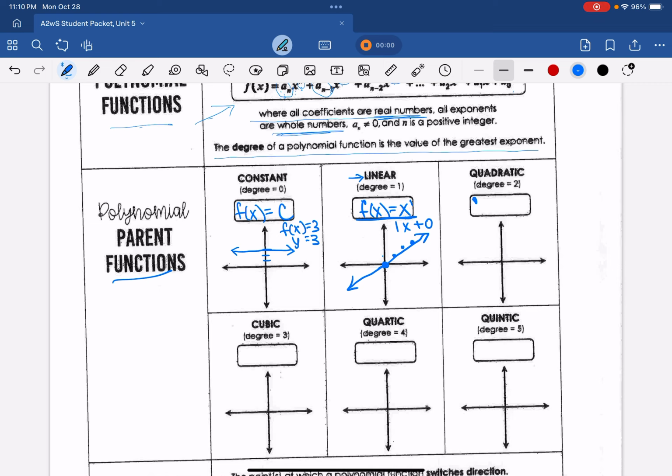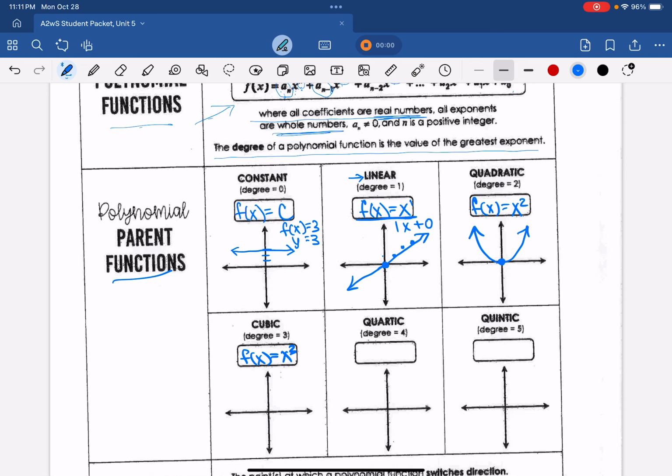The parent function for a quadratic is f of x equals x squared. So this is going to be a parabola that has a vertex at 0, 0, and it opens up. So it makes a U-shaped graph. The cubic function is f of x equals x to the third.